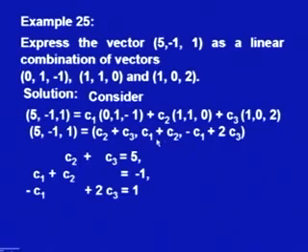If you equate left hand side and right hand side component wise, then C2 plus C3 is equal to 5, C1 plus C2 is equal to minus 1, and the last component is minus C1 plus twice C3 is 1. So, we have to solve these 3 equations to get the values of C1, C2 and C3.